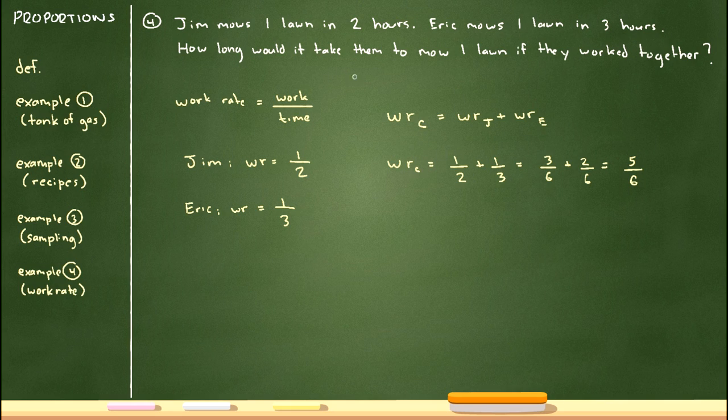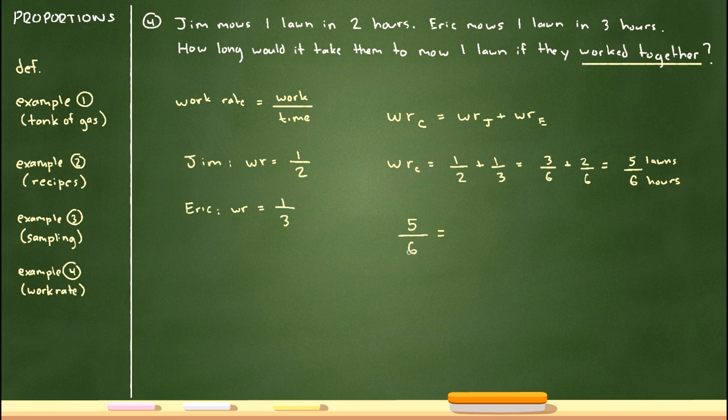So because we know that they're working together, we wanted their combined work rate, which would be 5 lawns in 6 hours. But what we want to know is how long it would take them to mow 1 lawn.